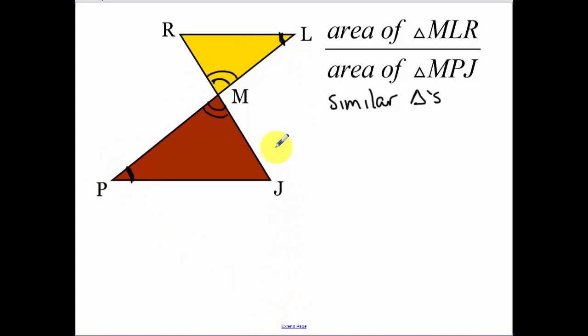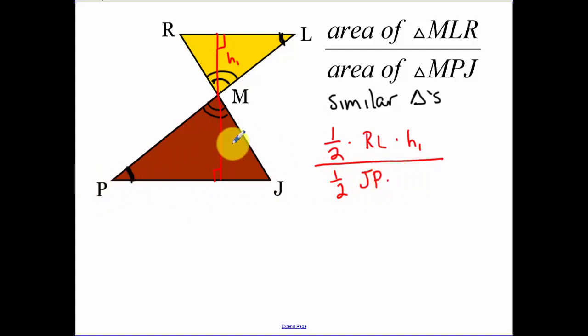So for the top triangle, we have 1/2 our base, which is RL, times the height. Again, I'm going to call that H1. Over on the other triangle, we have 1/2, our base is JP, times the height, which is H2.